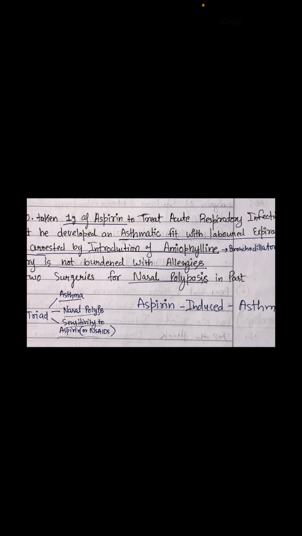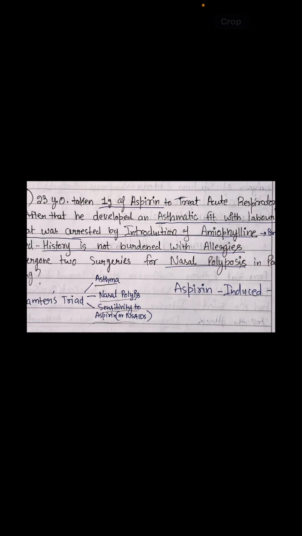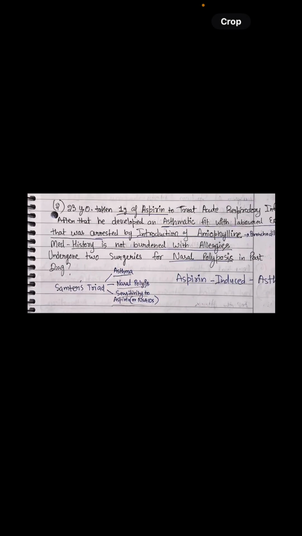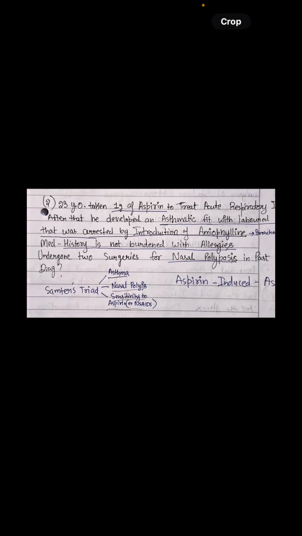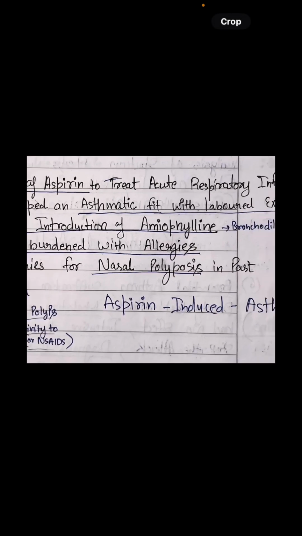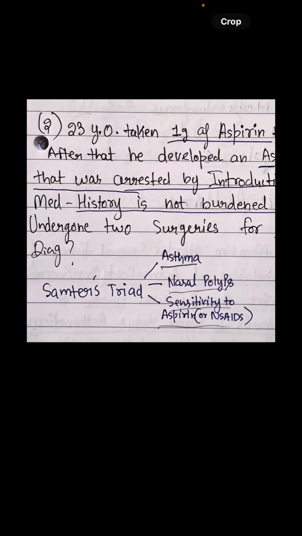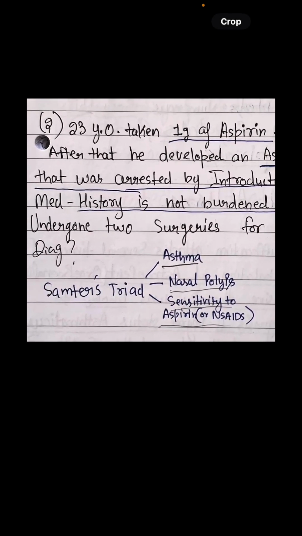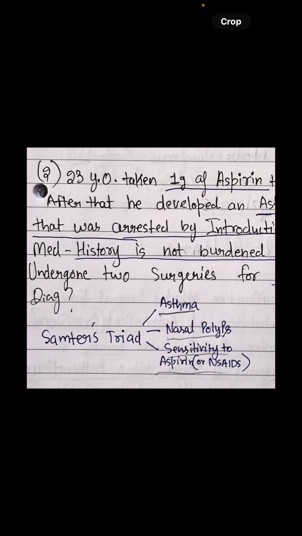Next, the patient takes 1 gram of aspirin to treat an acute respiratory infection. After that, he developed an asthmatic fit with labored expiration that was arrested by the introduction of aminophylline. The medical history says he had surgery for nasal polyps. Remember the Samter's triad. Samter's triad is asthma, nasal polyp history, and sensitivity to aspirin or any NSAIDs.